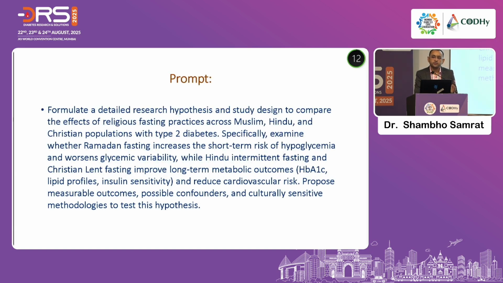So again, we want to do it in a more formal way, more detailed way. So we had modified the prompt here, and you can see we want all those 4 hypotheses in one.